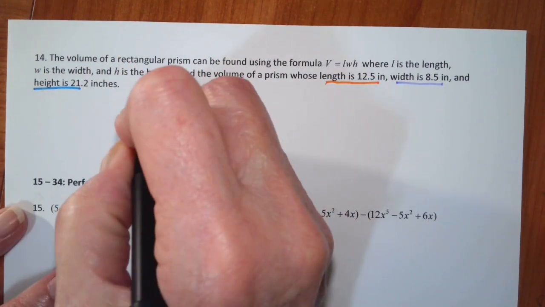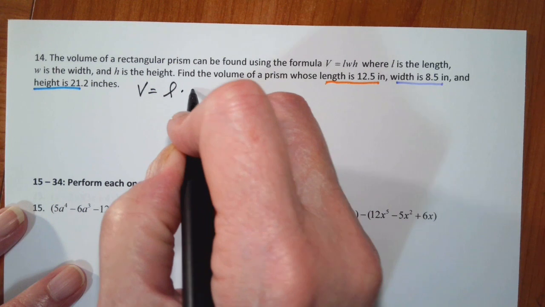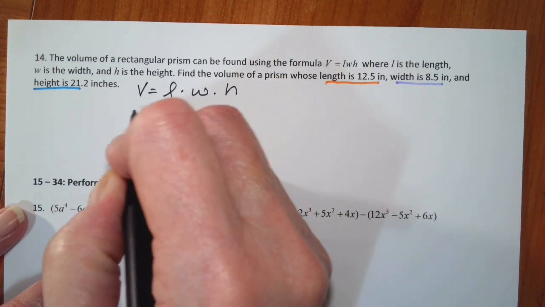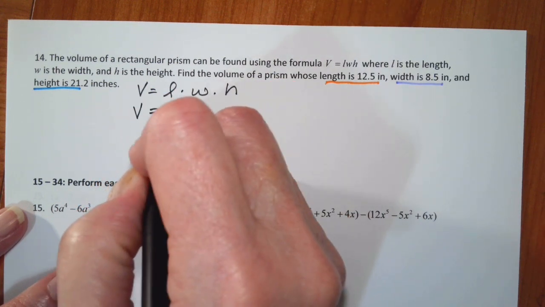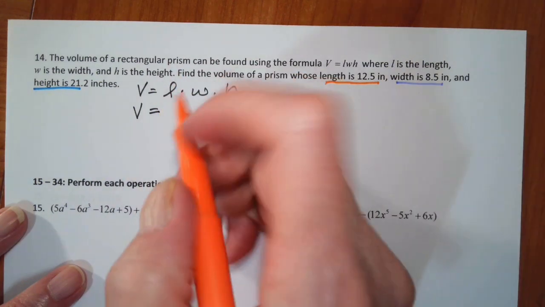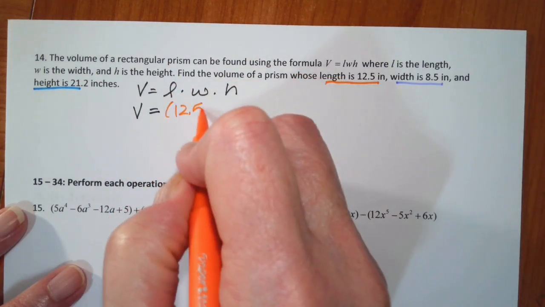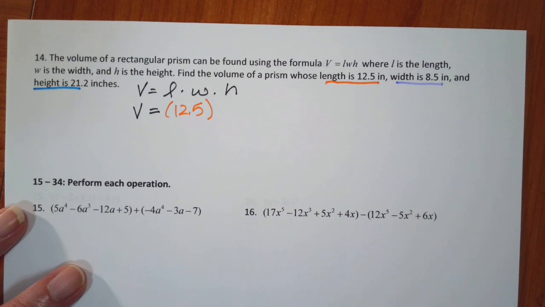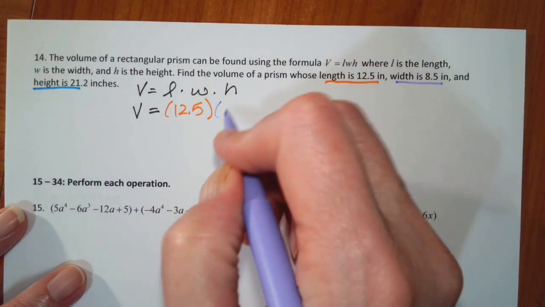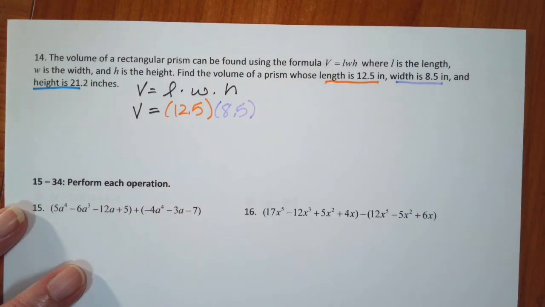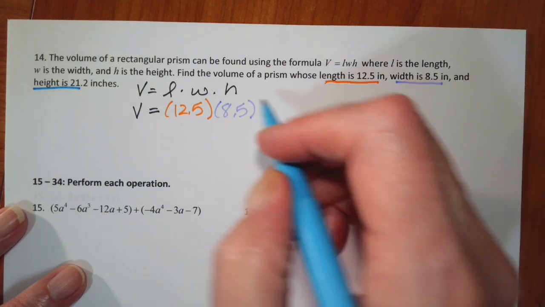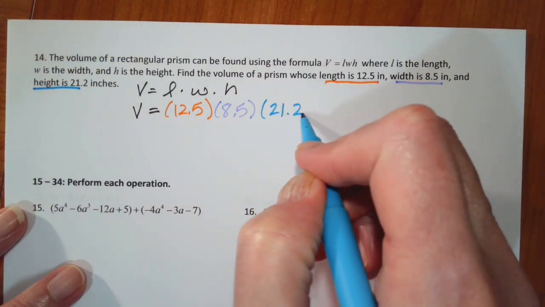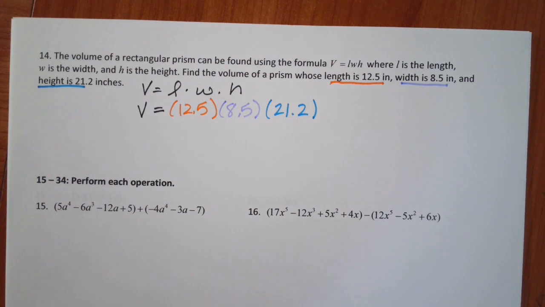So if I know volume is equal to length times width times height, then the volume is equal to the length, which is 12.5, times the width, which is 8.5, times the height, which is 21.2, and once again, I let my calculator do the rest.